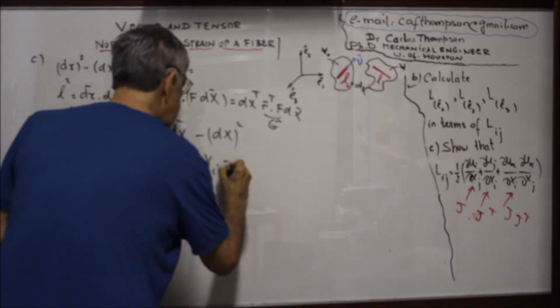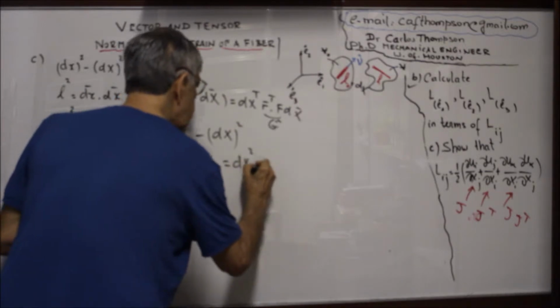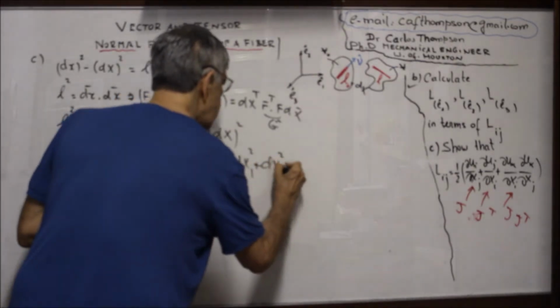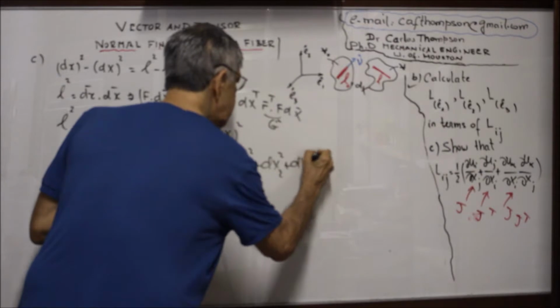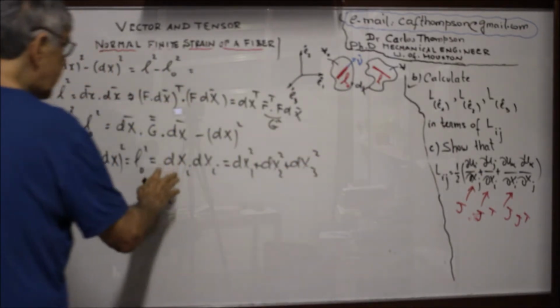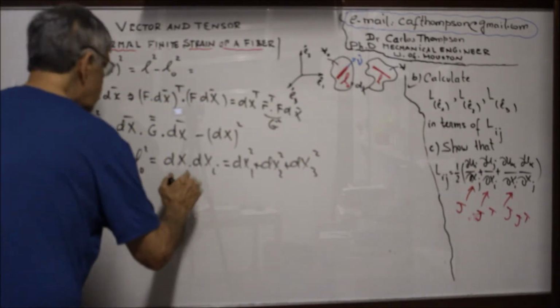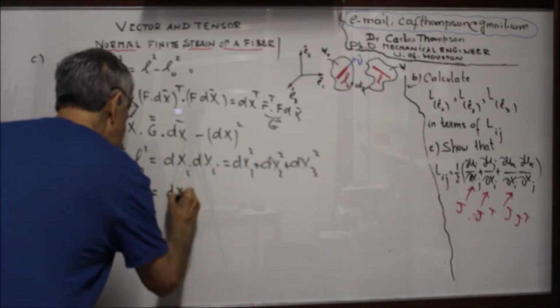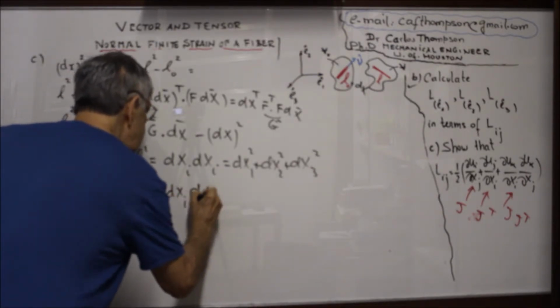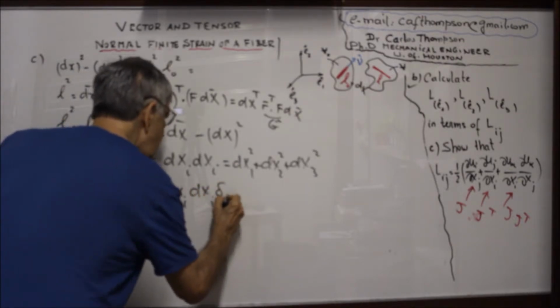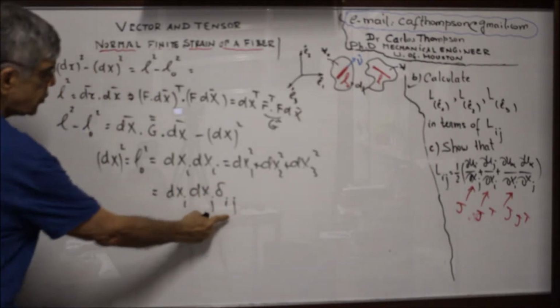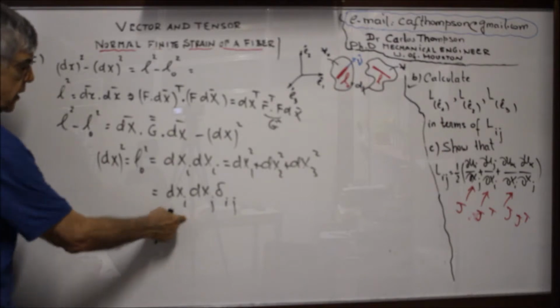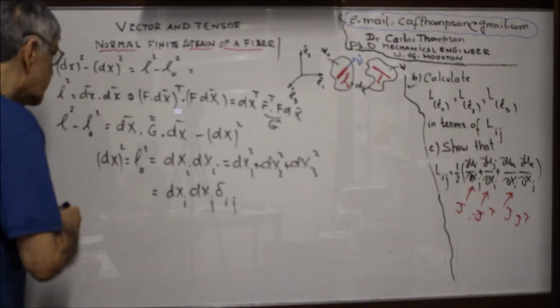What is this? This is dx1 square plus dx2 square plus dx3 square. Now we can put this in terms of delta ij. I can write dxi dxj delta ij, because delta ij dxj is dxi, so it's quite easy.